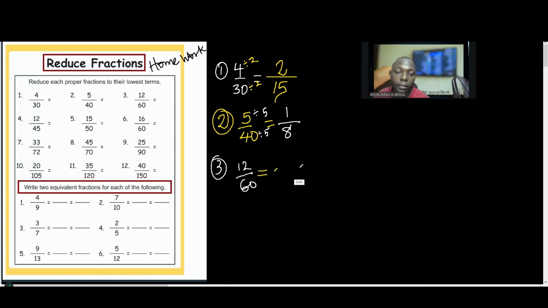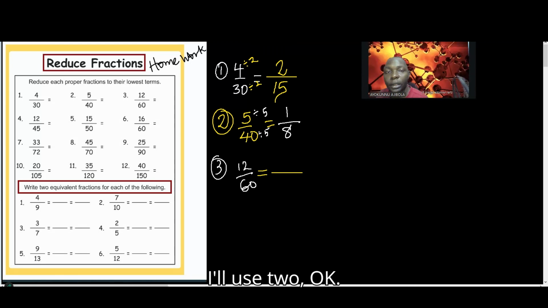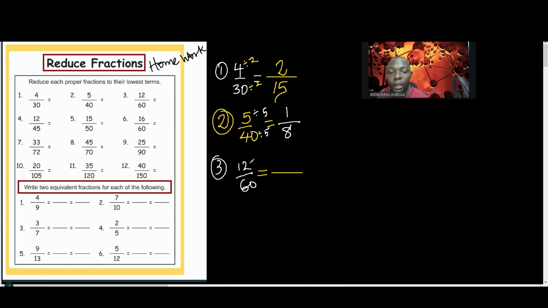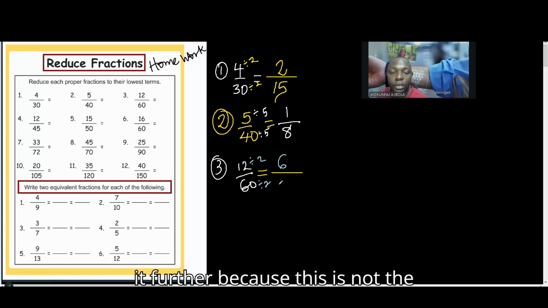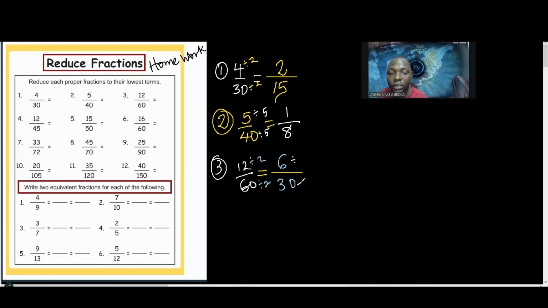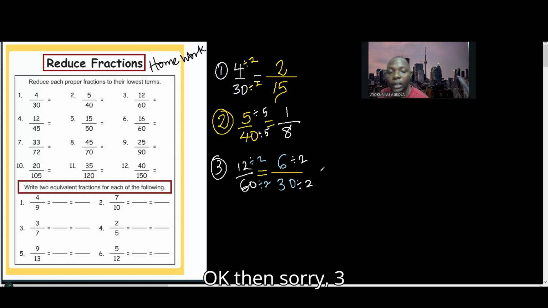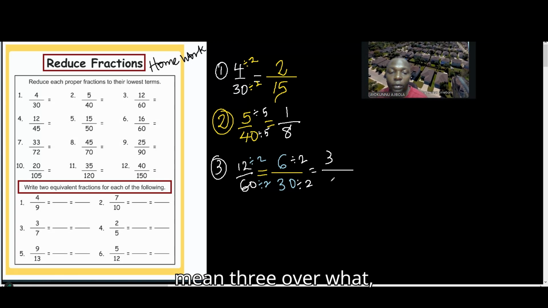Can you use a smaller number? Yeah, you can use a smaller number. If I decide to use a smaller number, I'll use 2, okay? Then this is going to be 6 over 30. I will still need to divide it further because this is not the simplest form, in as much as another number 2 can also divide it, okay? Then this will be 3 over what? 10.